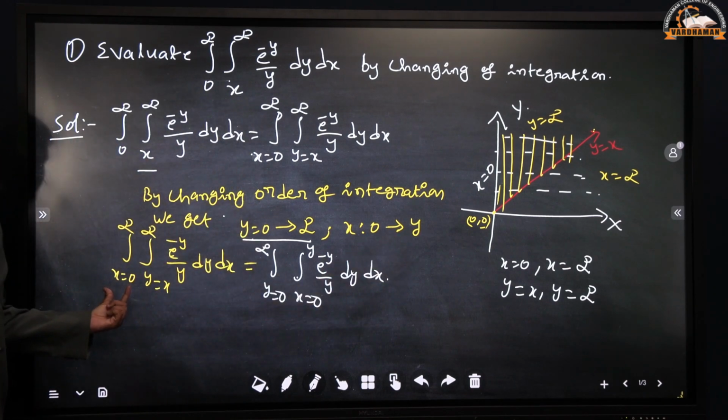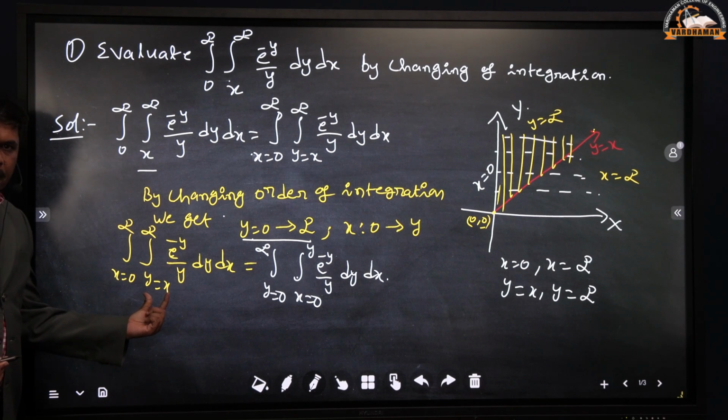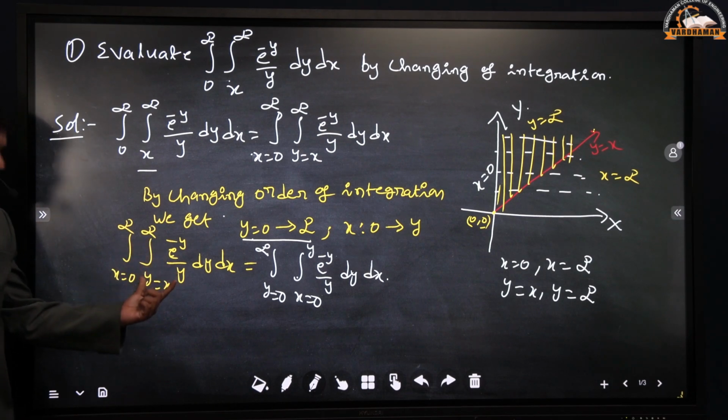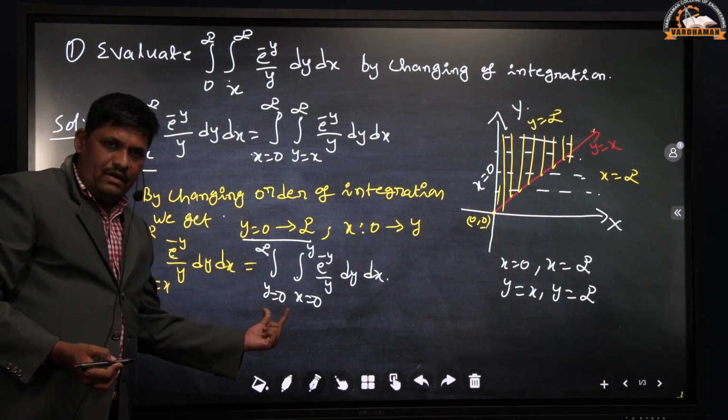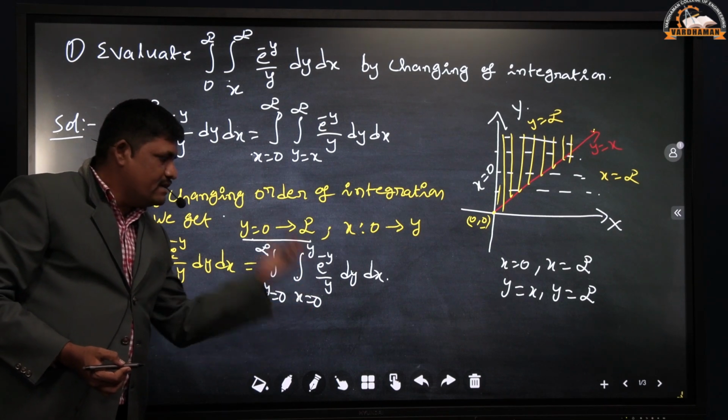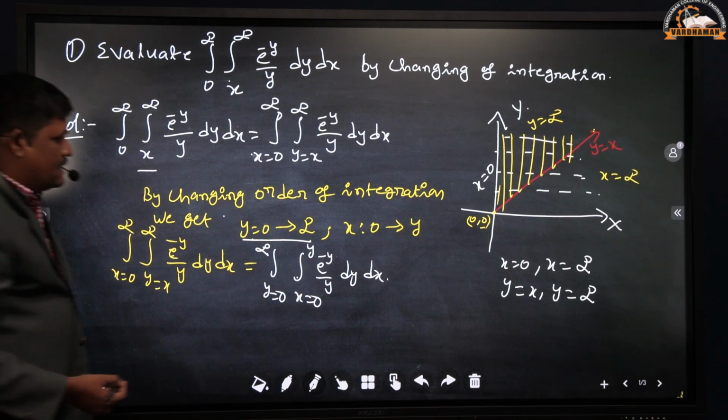Look here: x limits are constant and y limits are in x. After change of order of integration, y limits became constants and x limits are in y. Now you can start the integration.